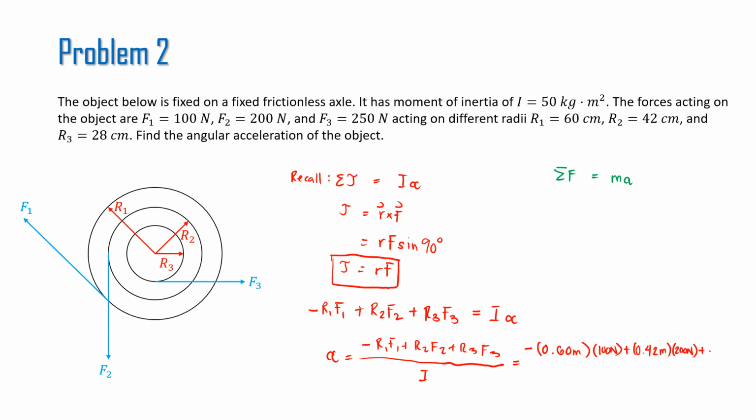And then you have R sub 3, that is 0.28 meter multiplied by 250 newtons, all over the moment of inertia of the system, so 50 kilogram meters squared. Evaluating this, we get alpha equal to about 1.88 radians per second squared. So this is the angular acceleration of the object.